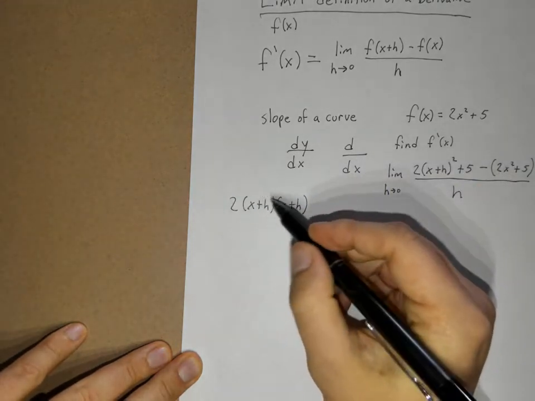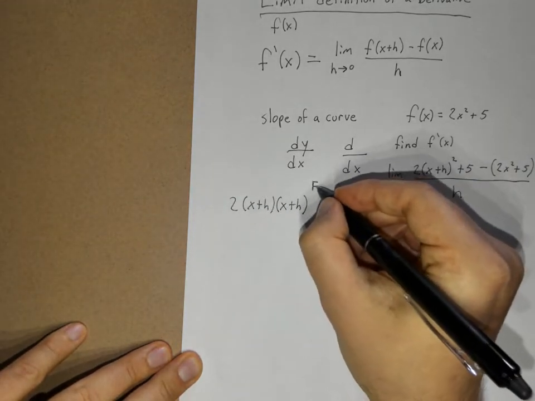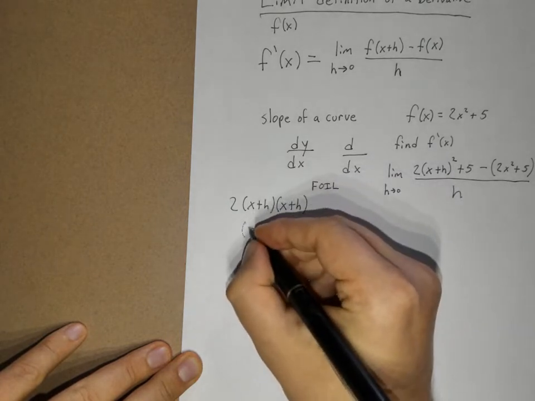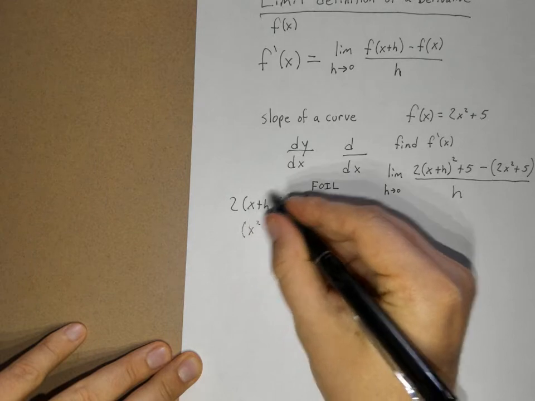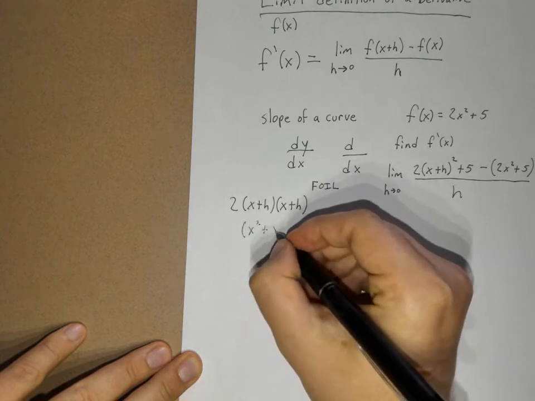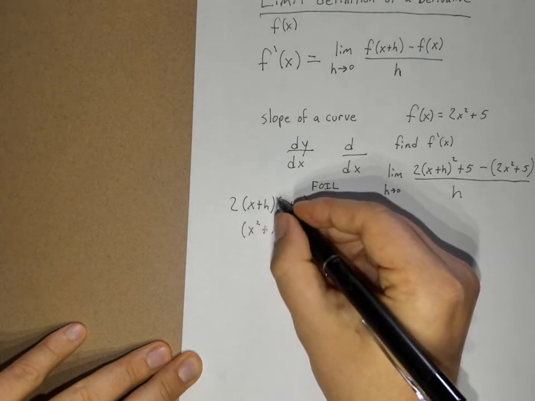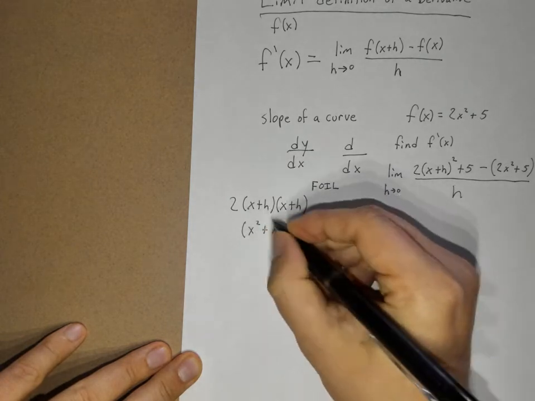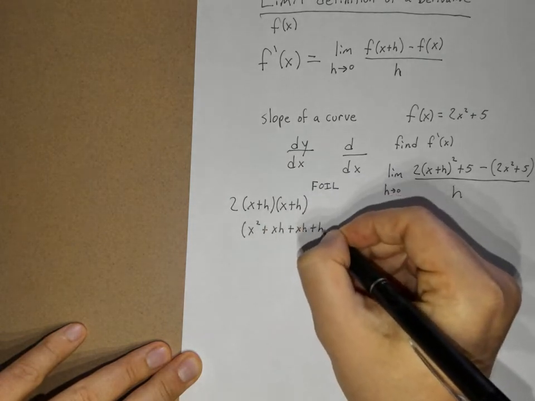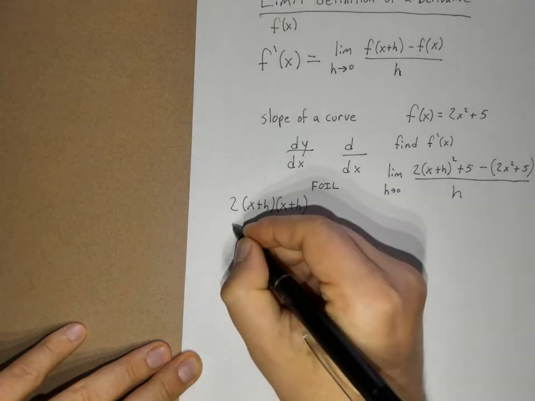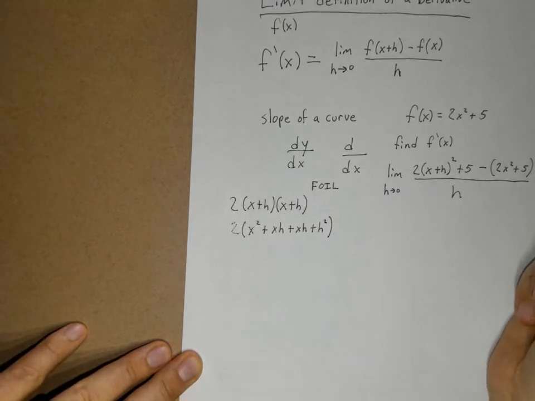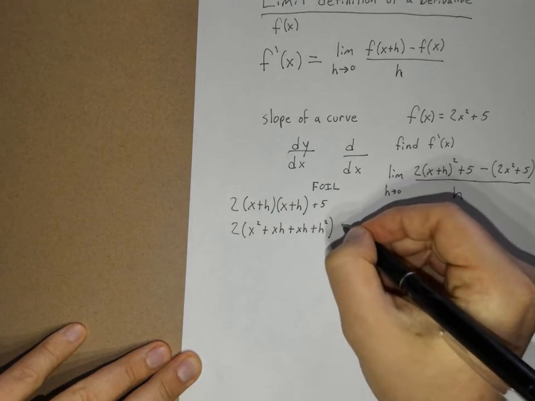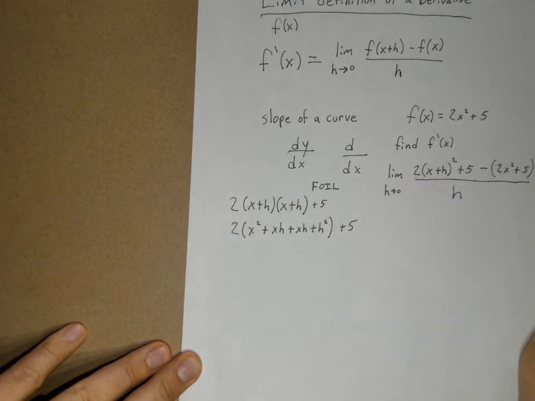If we FOIL that out, I'll have x times x, which is x squared, x times h, which is xh, another xh, and then an h squared, and that's still all being multiplied by 2. And we still have this plus 5 coming along for the ride.